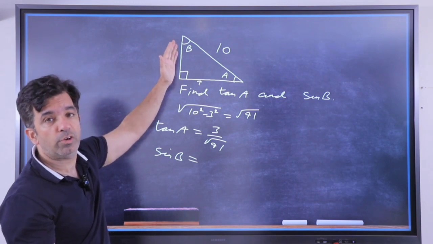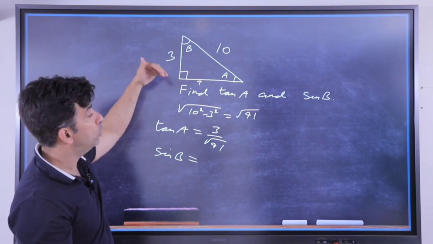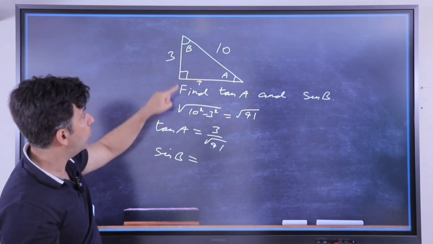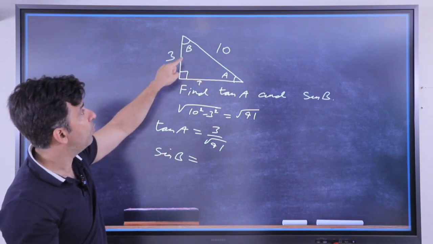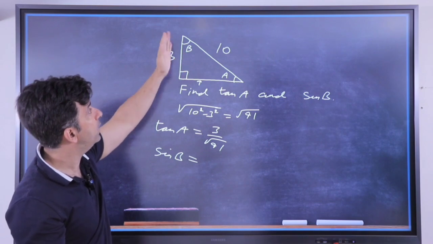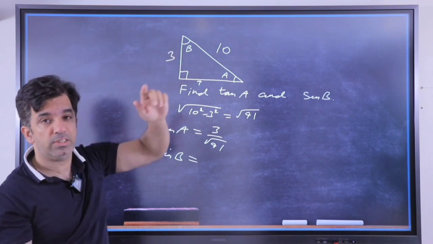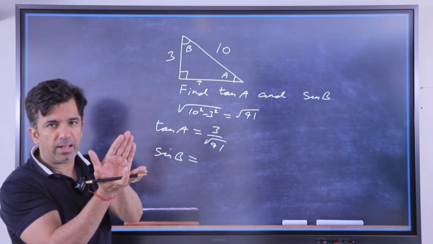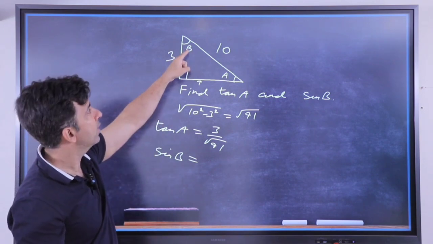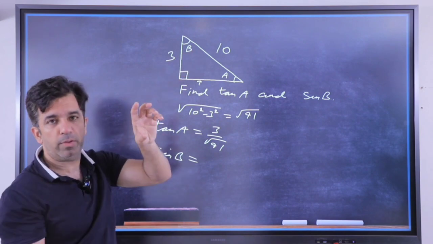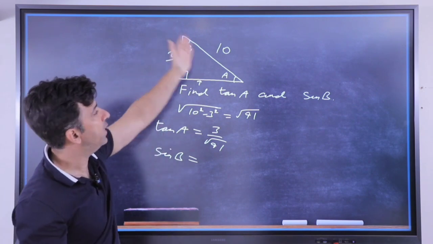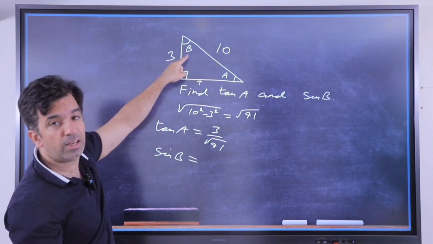This was the sense which I wanted to make you understand, that in the same triangle, if I am talking about sine B, then for this angle B, this is the base. Because we have just discussed that the base is the side which connects the angle and the hypotenuse. The angle which is being formed is fitted in between the base and the hypotenuse always. So this angle is B.